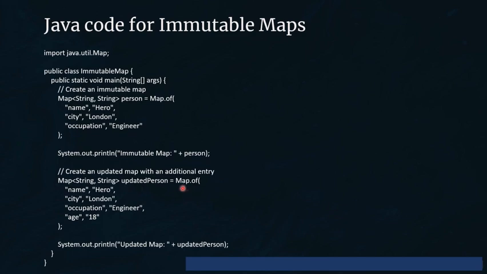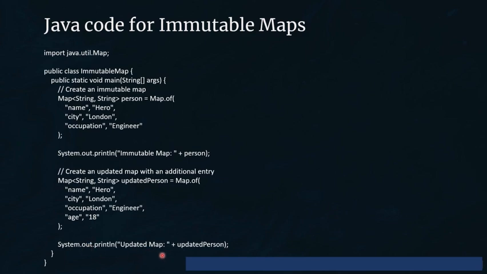Map.of, we are going to create another immutable map using the previous key values as name, city, occupation, and here age 18. This shows we are adding another key to it. Now we have created another immutable map using the previous key values and updating it.